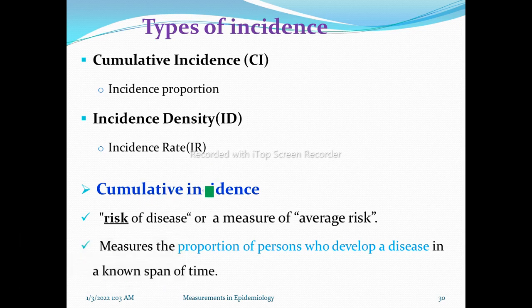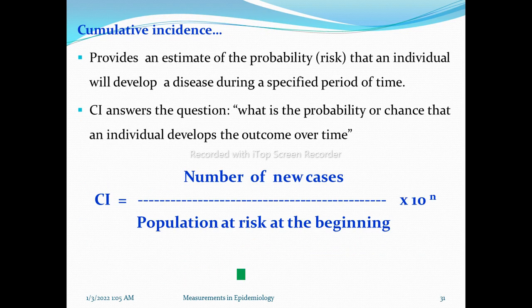Cumulative incidence is a risk of disease, or a measure of average risk. It estimates risk, measuring the proportion of persons who develop disease in a known span of time. It provides an estimate of the probability that an individual will develop disease during a specified period of time. It answers the question: what is the probability or chance that an individual develops the outcome over time?